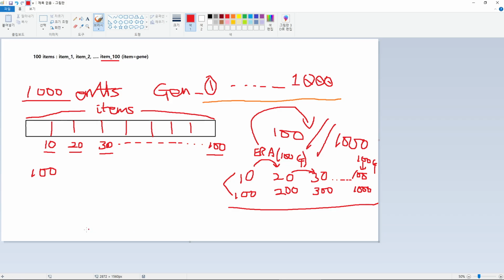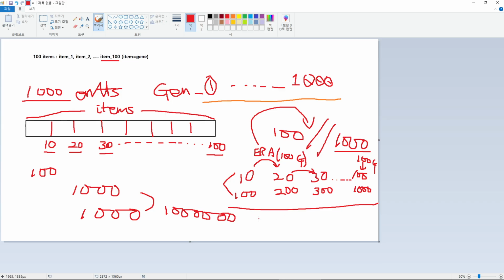So what that means is that for 1000 generations, if I had 1000 entities, just simply multiply both numbers and then you get 1 million.